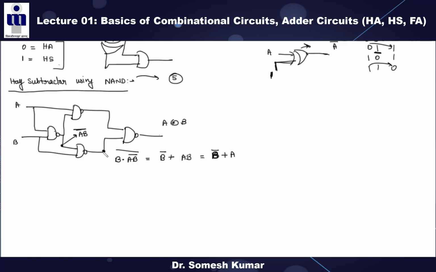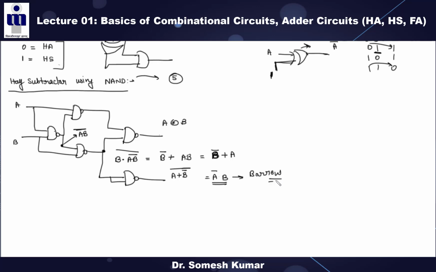And if I give this to one more NAND gate, what is the output? A bar B, and this is your borrow.